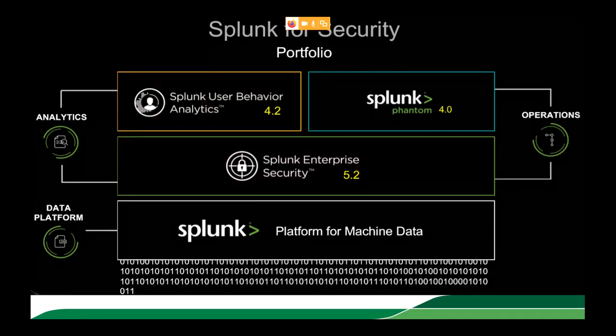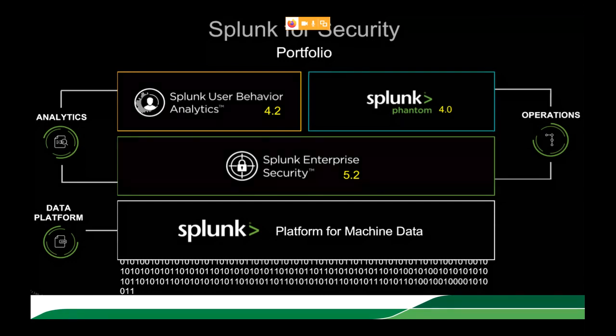UBA is another module within Splunk, which helps Enterprise Security detect insider threats, anomalies, and multiple threat incidents. Then you can see the other component, Phantom.